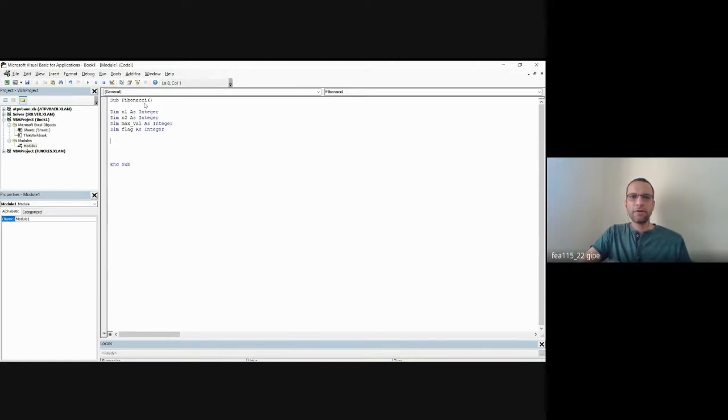Now let's have an input box to accept user inputs. I can have something like max val, so I go to max underscore. Again, there is a shortcut here, something which you call autocomplete. I'm not typing in the entire value. I just type max underscore, and then I press Control and Space.